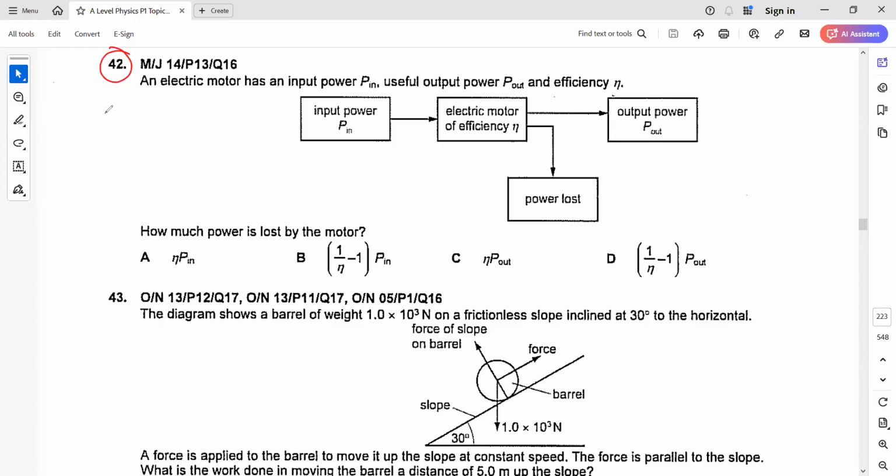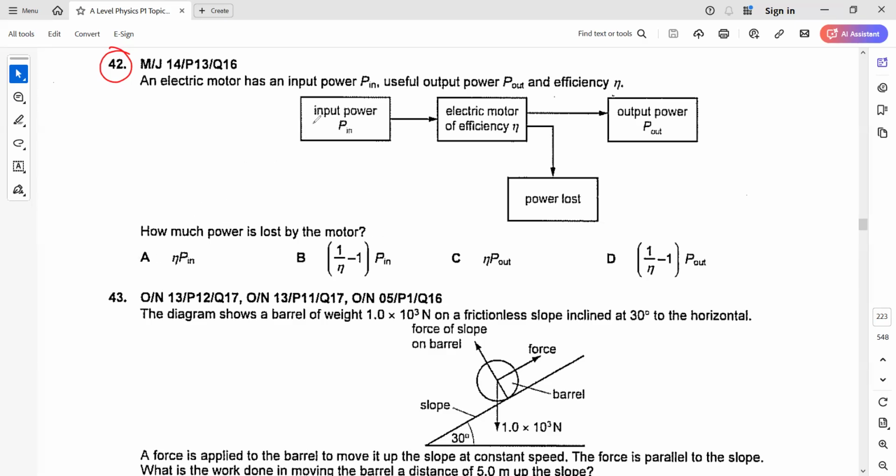Question number 42. So I have an answer. A, okay. Let's find this out.